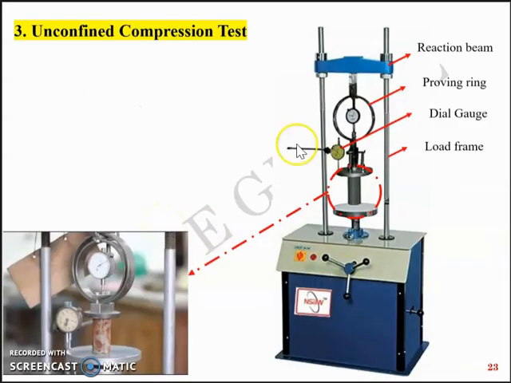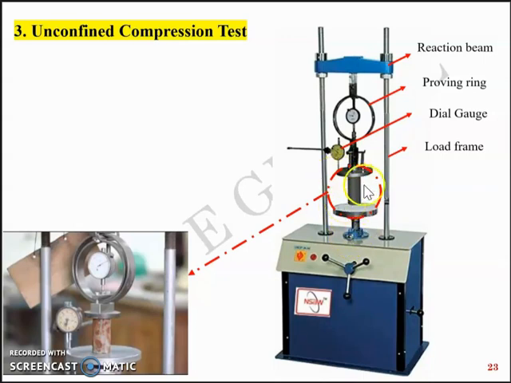The test setup looks like this. You have a reaction frame and a reaction beam here, and the soil sample is kept between two plates, and you have a mechanism here which moves the bottom plate upward and squeezes the soil. In short, you are applying an axial load on the soil sample using this mechanism.